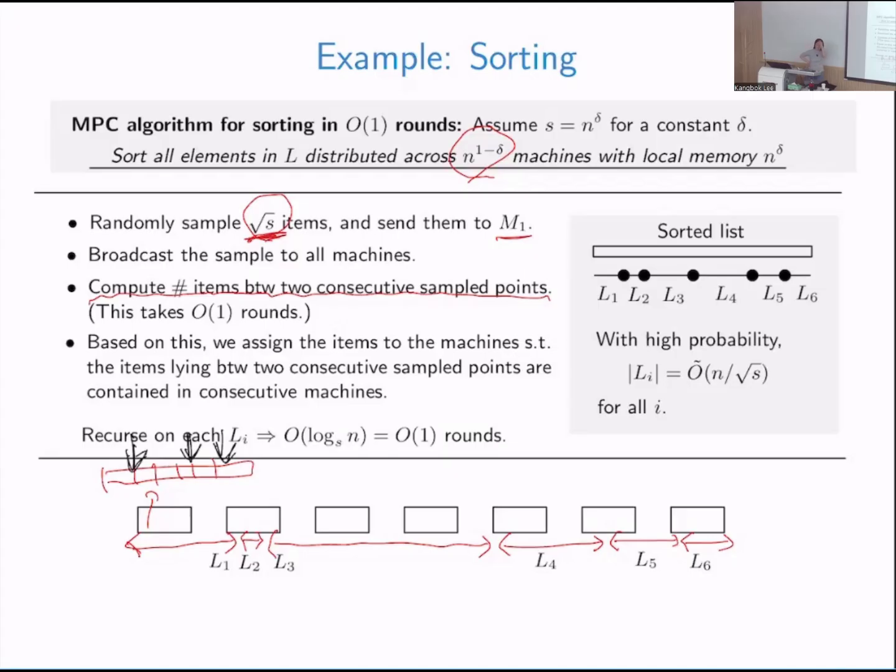So the sample size and the number of pivots should be the same. The sample points are pivots. Okay. We use those sample points as pivots. Should be the same, but even though we choose the root S sample, we can pick more pivots, like the number of machines.